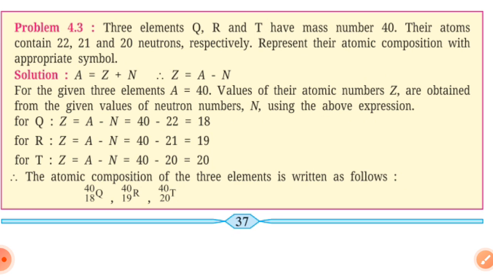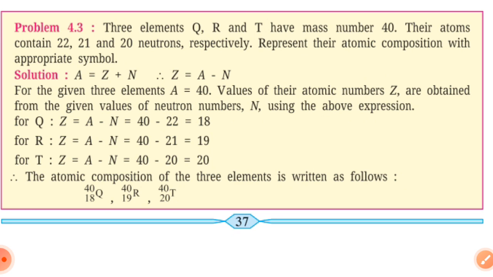Three elements Q, R and T have mass number 40. Their atoms contain 22, 21 and 20 neutrons respectively. Represent their atomic compositions with appropriate symbols.